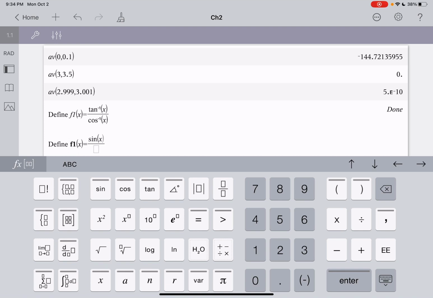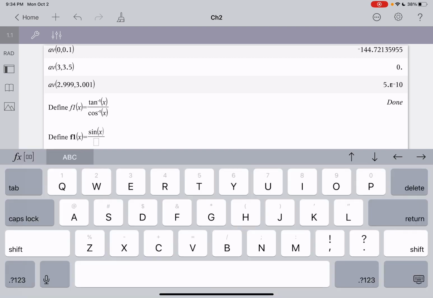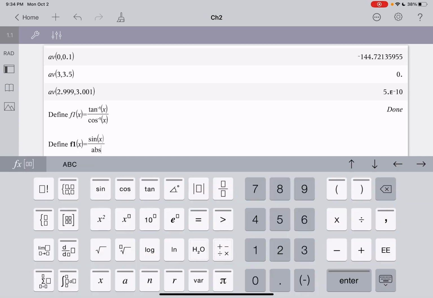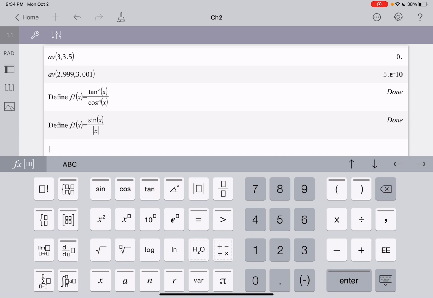So sine of x is going to go on the top, and then in the bottom, probably the simplest thing to do here, guys, would just be to type in the letters ABS, and it'll know what that means. So ABS of x, and you'll notice as soon as I hit enter, it turned that denominator into what I wanted it to be, the absolute value of x.